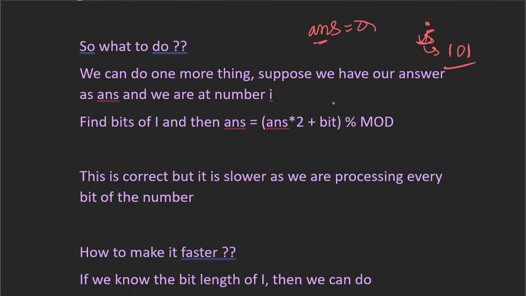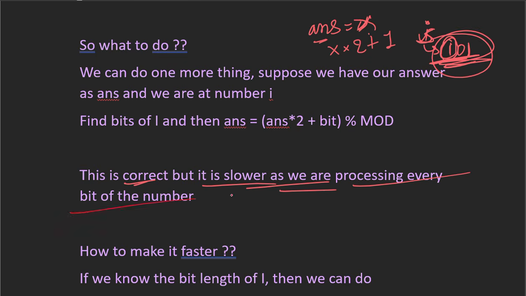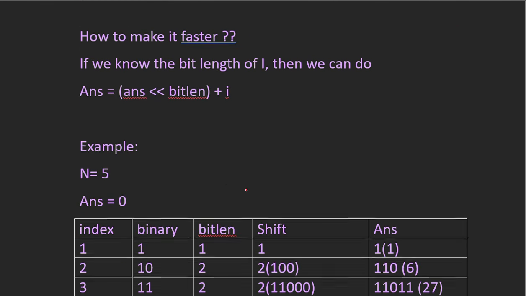So what we'll do is we multiply x by 2, then we'll add the first bit, then again we do the same thing. For every bit we'll be doing the same thing. So this is a correct approach, but it is slower as we are processing each and every bit of the number, right? So how to make it even faster?